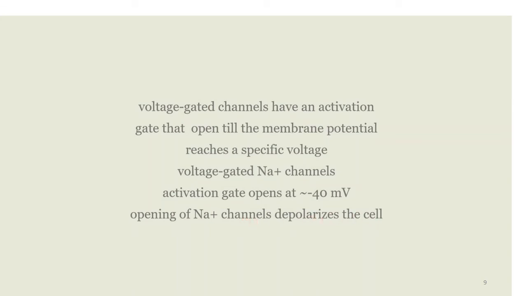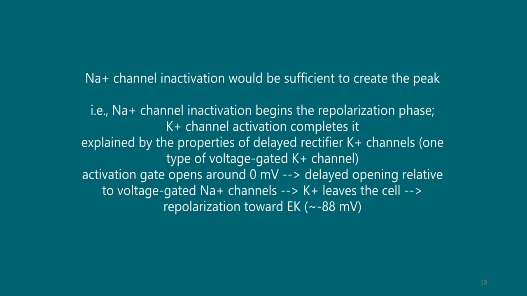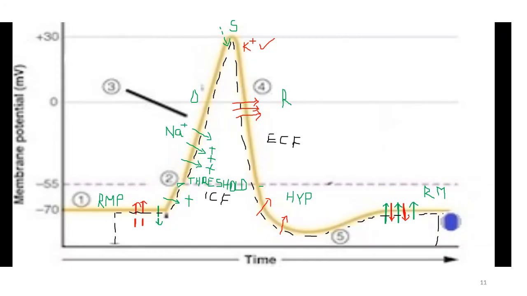So in the phase of depolarization, sodium ions come inside. At the peak of the action potential, what will happen? Sodium channels inactivate and potassium channels activate. Now this is the gist of the action potential.